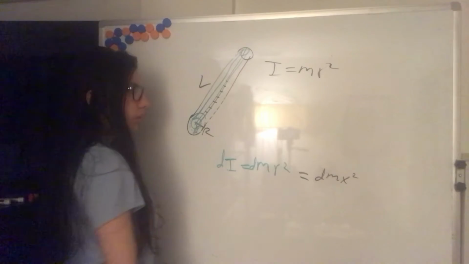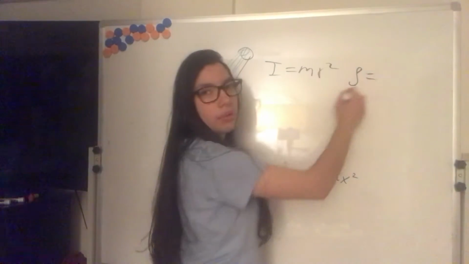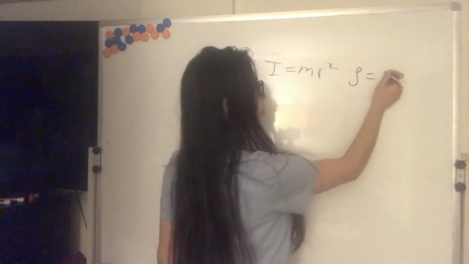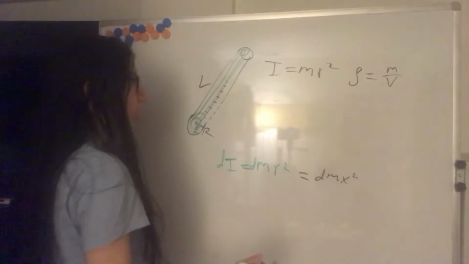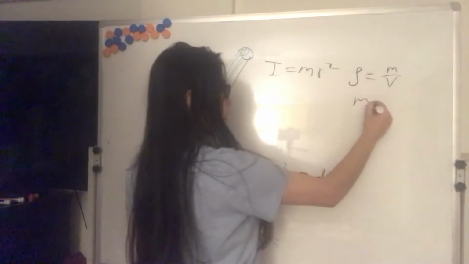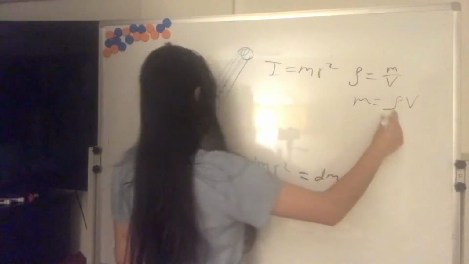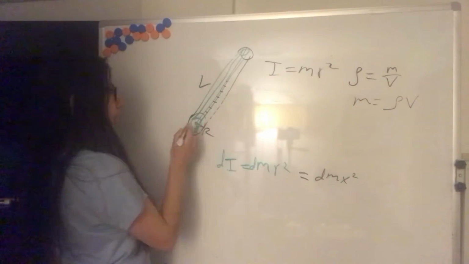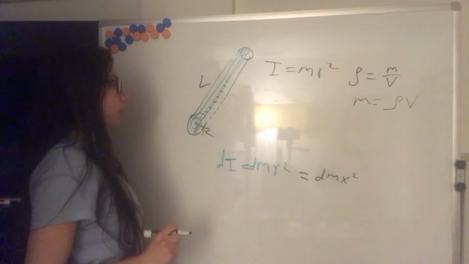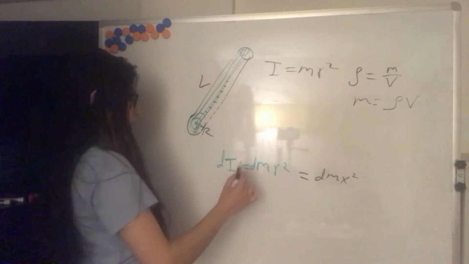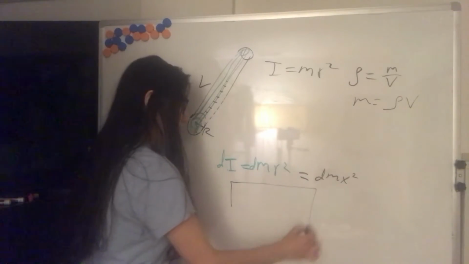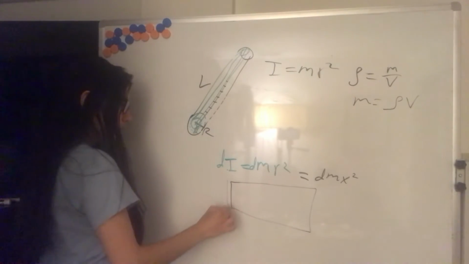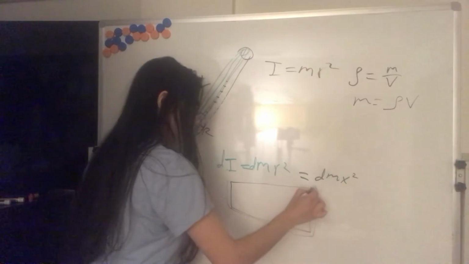Now we know that density is equal to mass per volume, and mass would be equal to density times volume. The volume of this cylindric shell is, if we unfold this, we would have something like this.